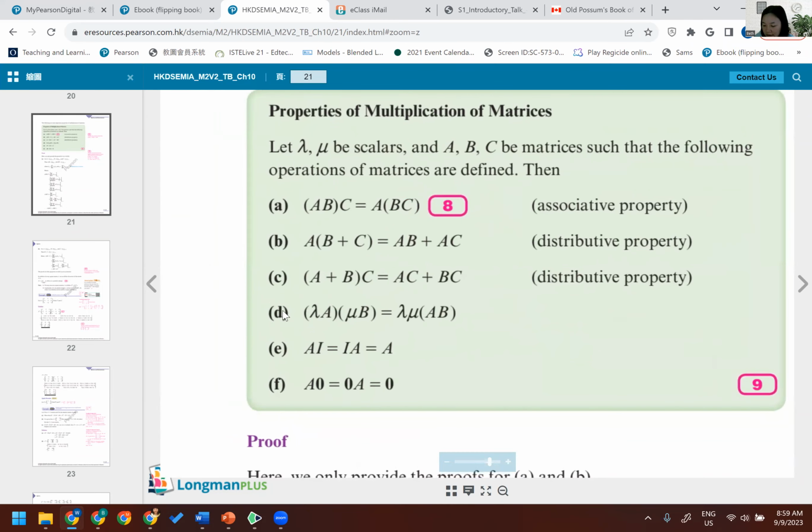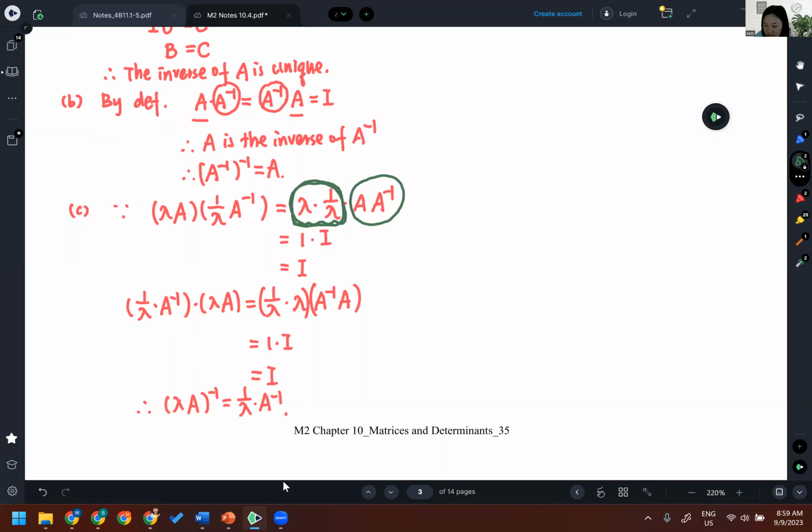This one, D. Lambda A times mu B is lambda mu first, and then AB. So transfer that to our case here. It's lambda and 1 over lambda. They can be done first. So that is verified.